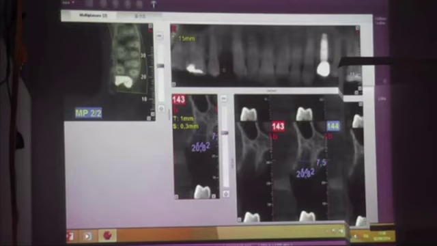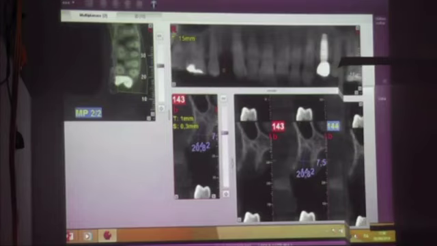But another very important question, the radiation for the patient is little. I studied the whole radiation of 3D. The radiation for the patient with the whole 3D is 2000 microsievert, that is the unit of measure. With this X-ray, 14. Fantastic.